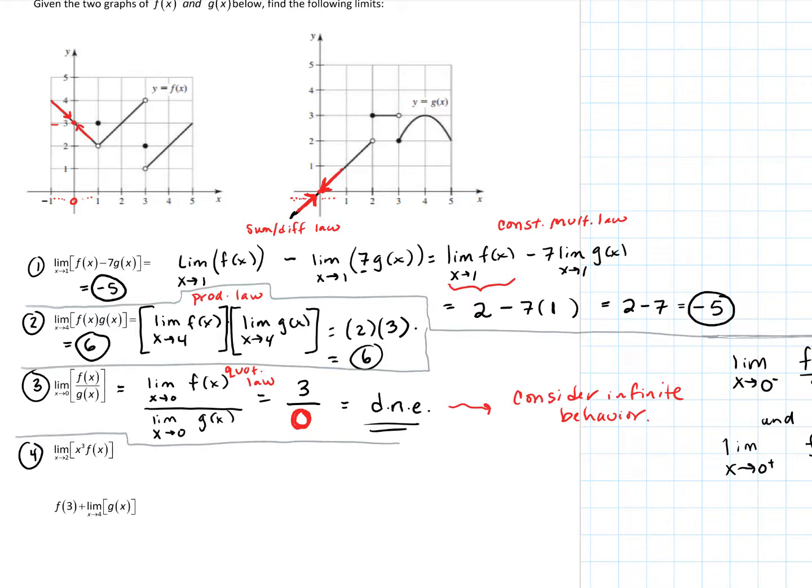But here we actually had something interesting happening. And anytime we have this does not exist, we want to get in and consider more what's happening. In this particular case, the negative infinity does not equal positive infinity, or left does not equal right, right? We also have that justification going on.